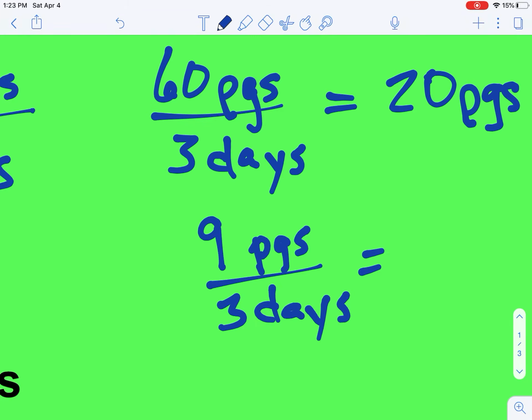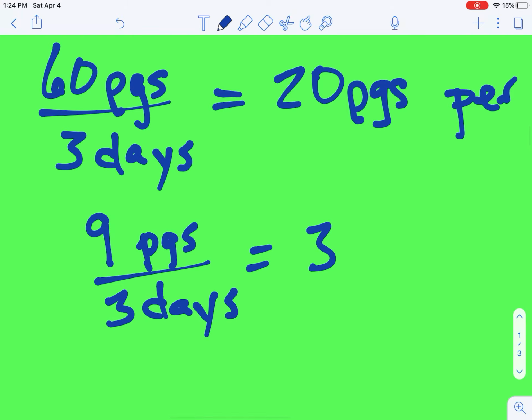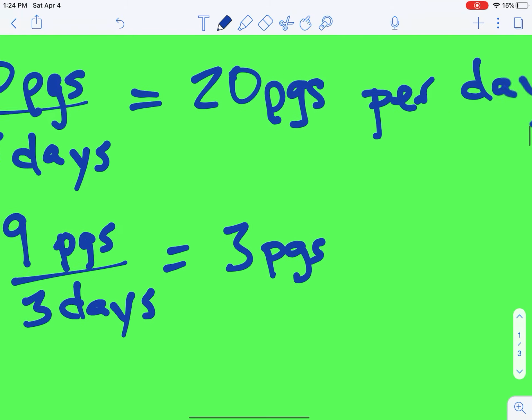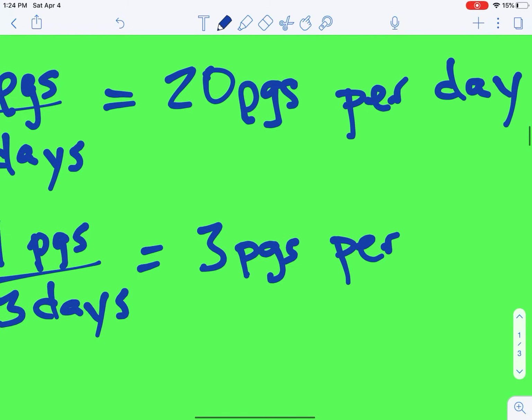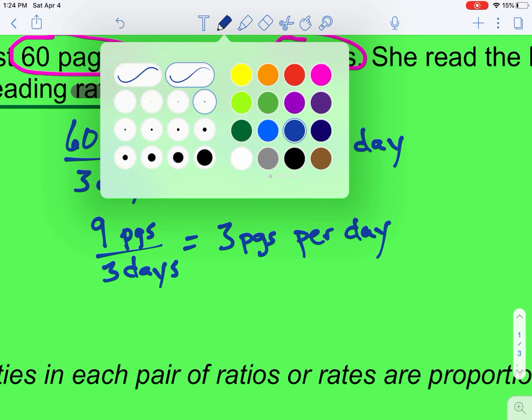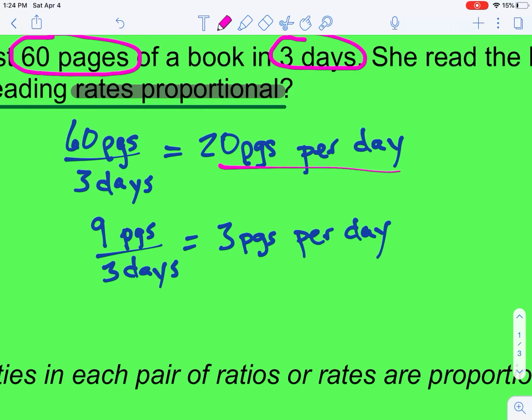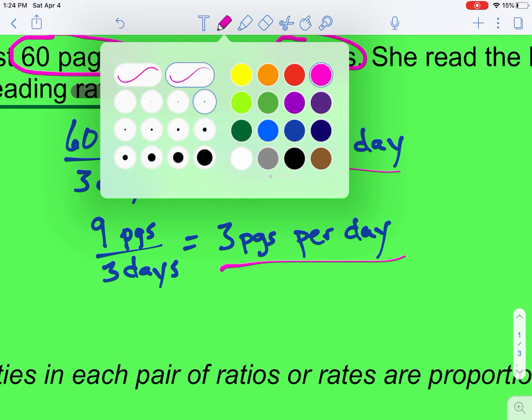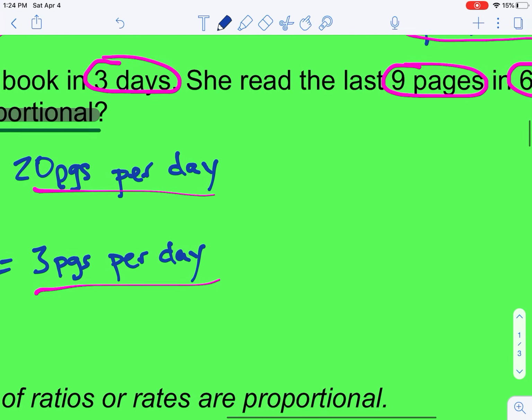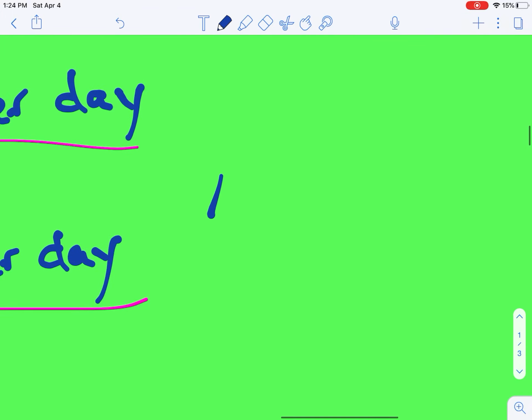So if I divide those, 9 divided by 3, I get 3 pages per day. If I compare these two, 20 pages per day and 3 pages per day, those are not the same. So that means that this is not proportional.